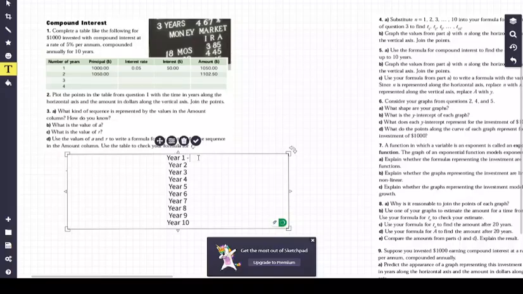All right. So year one, we're starting with $1,000. Year two, they already filled it in for us. 1050.